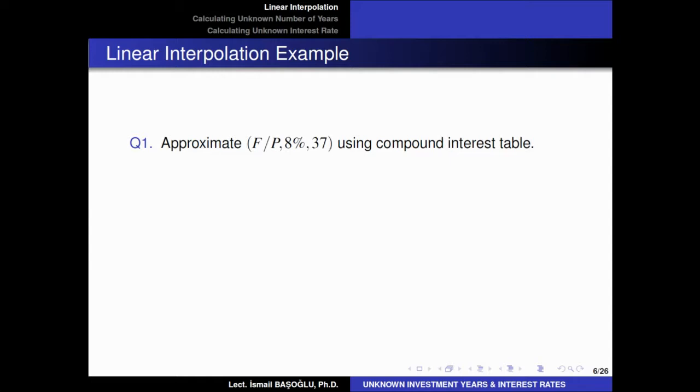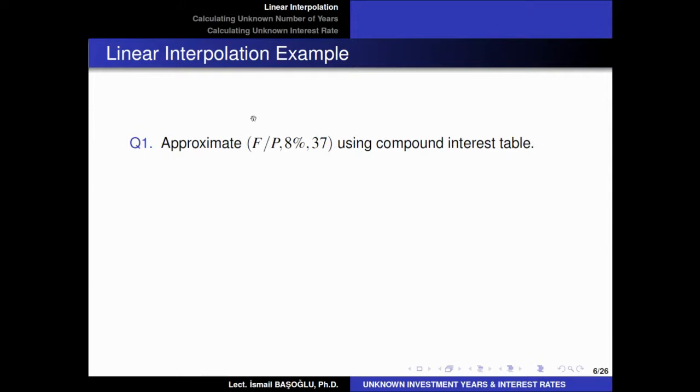Actually, the other two methods are much better to use, and the values will be almost exact in the other methods. So applying interpolation here is not the best idea. However, we are going to do it for practical purposes. When the time comes that linear interpolation will be the only solution technique, then we need to understand how to use it.